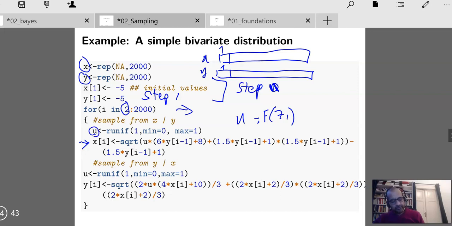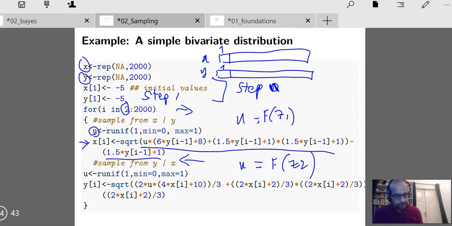And similarly, when we're getting a sample from the conditional distribution of y given x, we're going to generate a random number between 0 and 1. And for the conditional distribution of y given x, we're going to compute the CDF and then solve for z2, and that z2 will be our sample for y, right? So these long and complicated terms that you're seeing here are the inverse of the CDF, right?